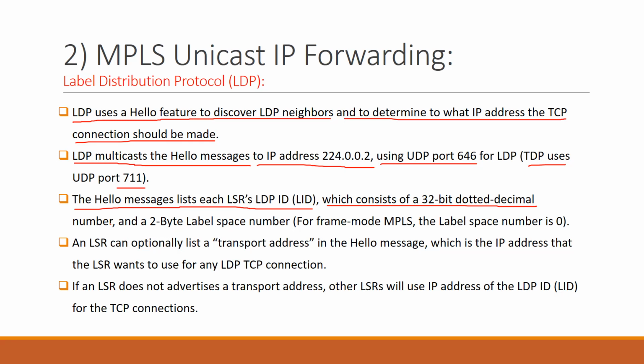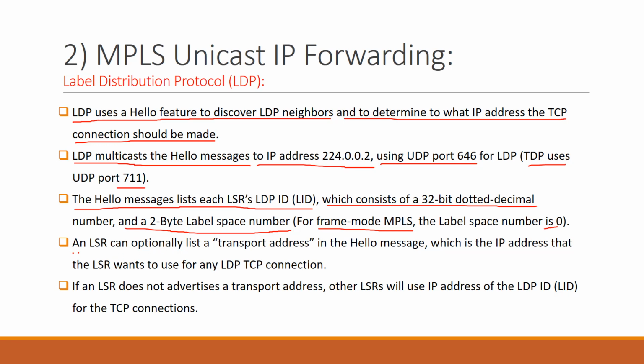And this LDP ID has a 2-byte label space number. Actually, this number is always 0 for frame mode MPLS. So for frame mode MPLS, the label space number is 0. Don't think about this. Think about the 32-bit dotted decimal number, which represents the LID or LDP ID.